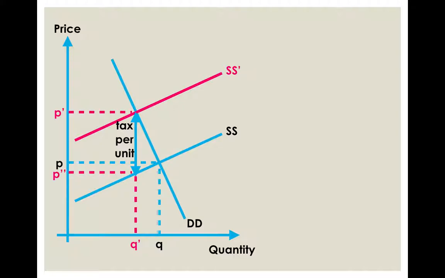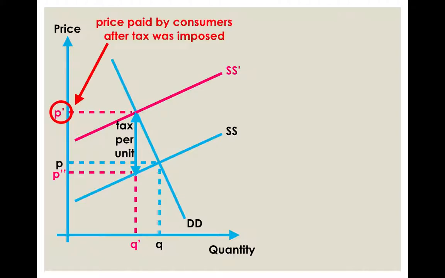Okay, so now you notice that there are two different prices represented on this diagram, P prime and P double prime. What do these two prices represent? P prime is actually the price that is paid by consumers after the tax is imposed. But does this mean that producers actually receive P prime?